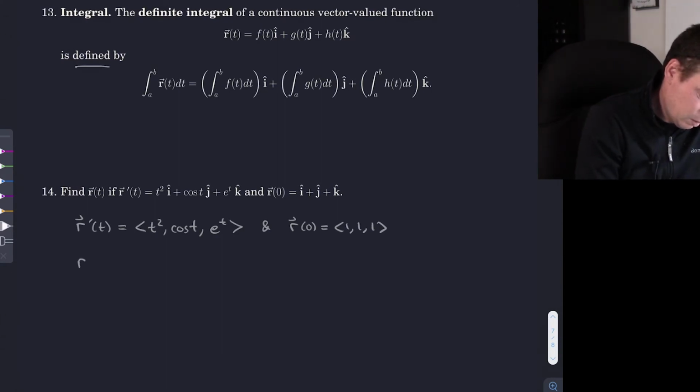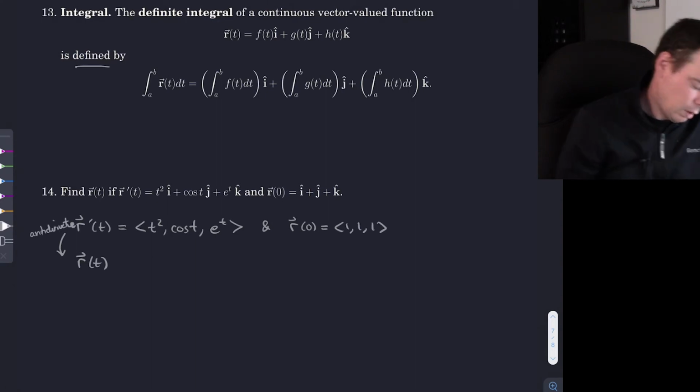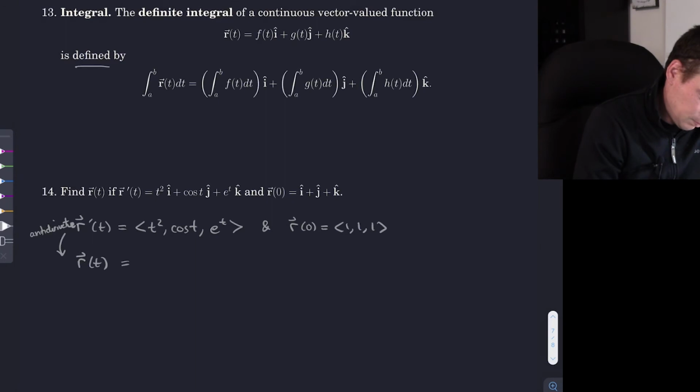The first thing we notice is that in order to find r of t, we anti-differentiate. So we compute the antiderivative. The antiderivative of t squared is 1/3 t cubed. The antiderivative of cos t is sine t.